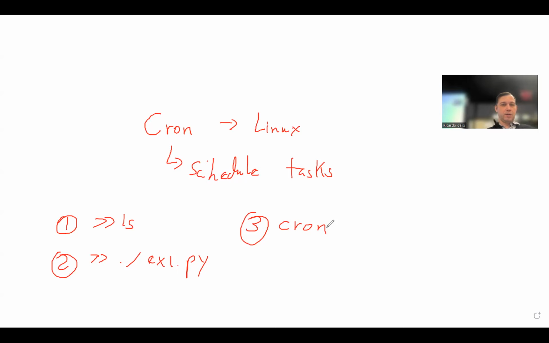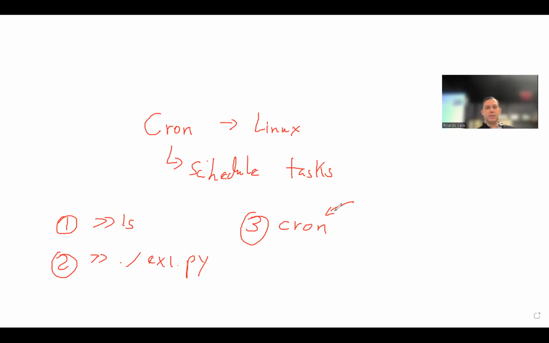This is what we're going to focus on today. You can use cron to clean up backups, create backups, and clean up files every night, for instance. You can create backups periodically. You can call scripts and run scripts.